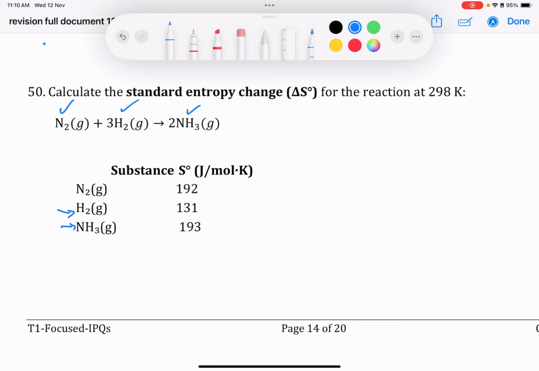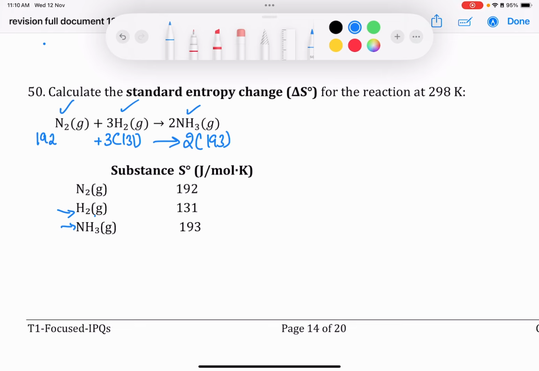I am going to do it in two ways. N2 is 192 plus the hydrogen entropy, which is 131. So I simply substitute and multiply if I have more than 1 mole. And then 2 times 193.